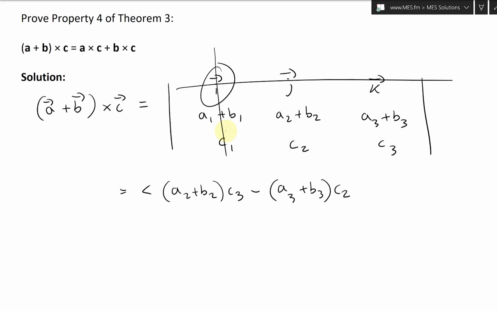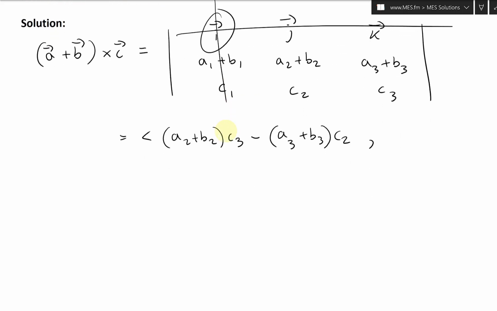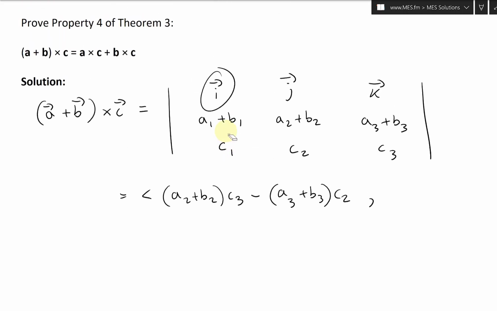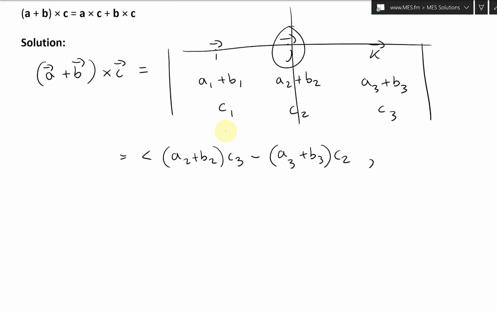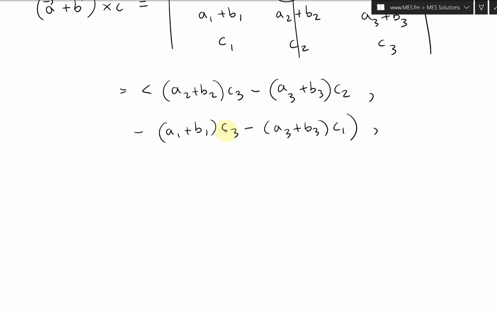Again, it's exactly the same setup, and then just a comma. The next is the J component: we will go with A1 here, put a negative, A1 plus B1 times by C3 minus A3 plus B3 times by C1. And then put a bracket here. Just good to have that negative there.